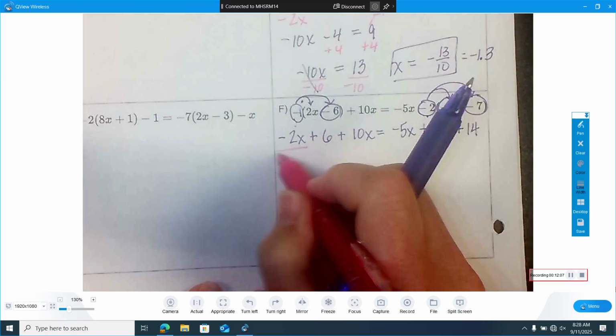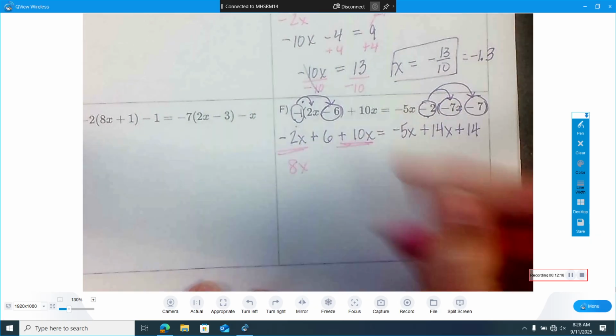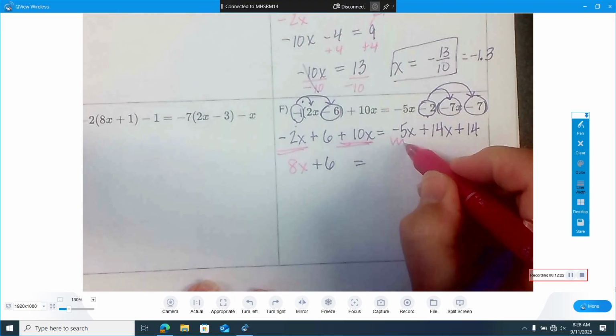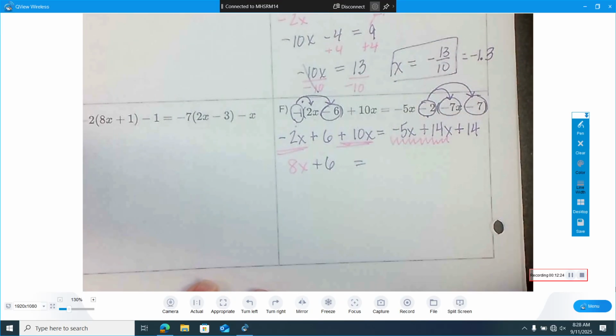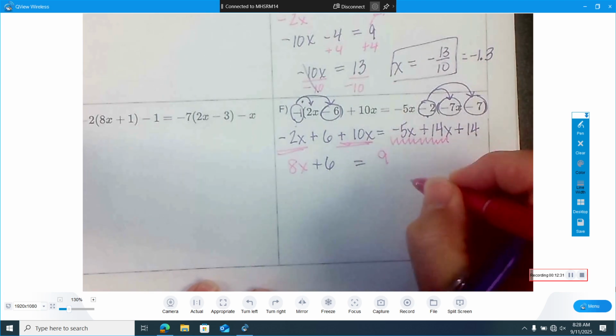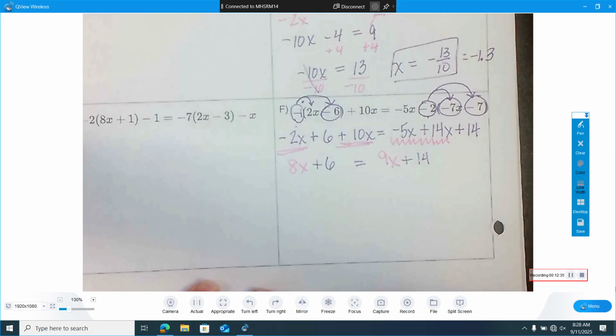Lots of x's here. On the left-hand side, I have -2x and a +10x. 8 x's, very good. 8 x's plus 6 is equal to, on the right-hand side, I have a -5x and a +14x. 9 x's, and that +14.